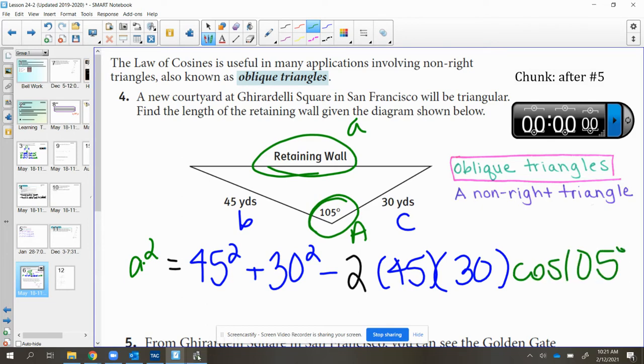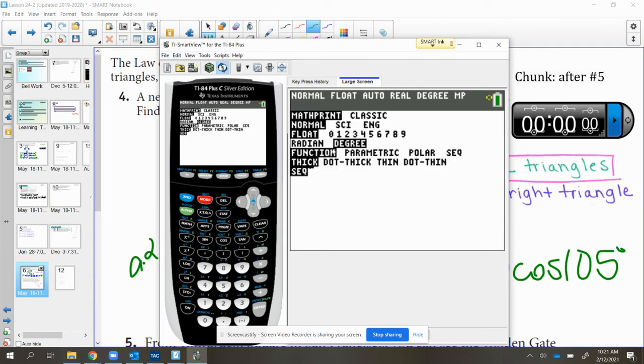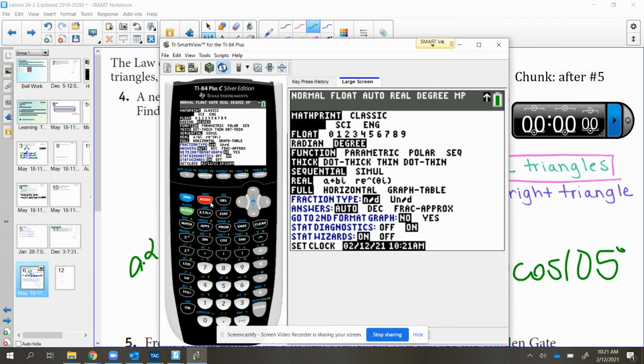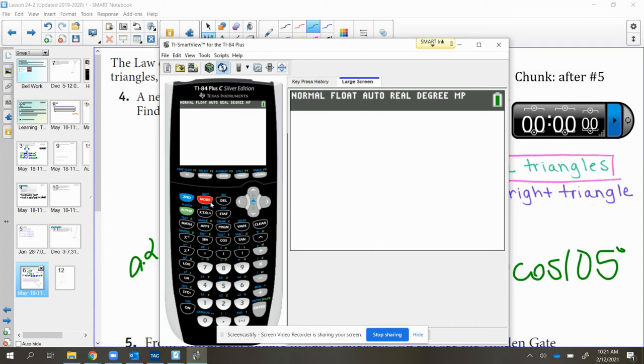So again, double check that you are in degrees mode before you start. And then you're going to just type all of this in: a squared plus b squared, and then minus 2 times a times b, and then cosine of C.